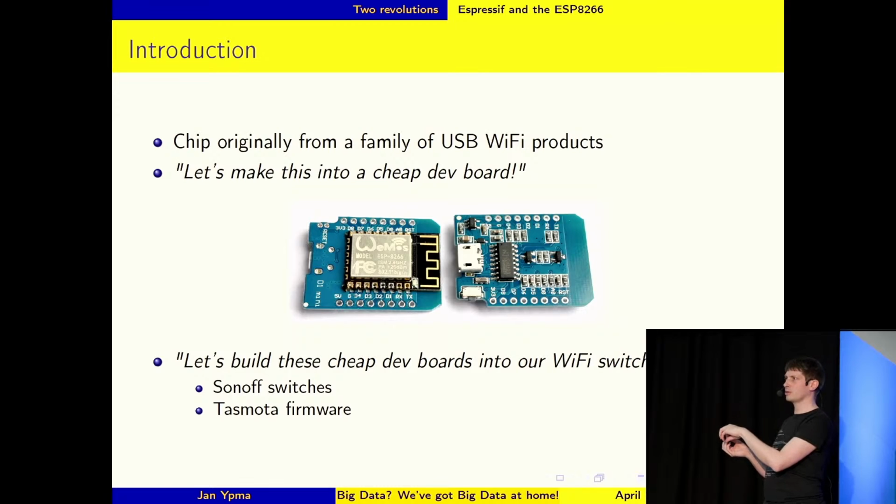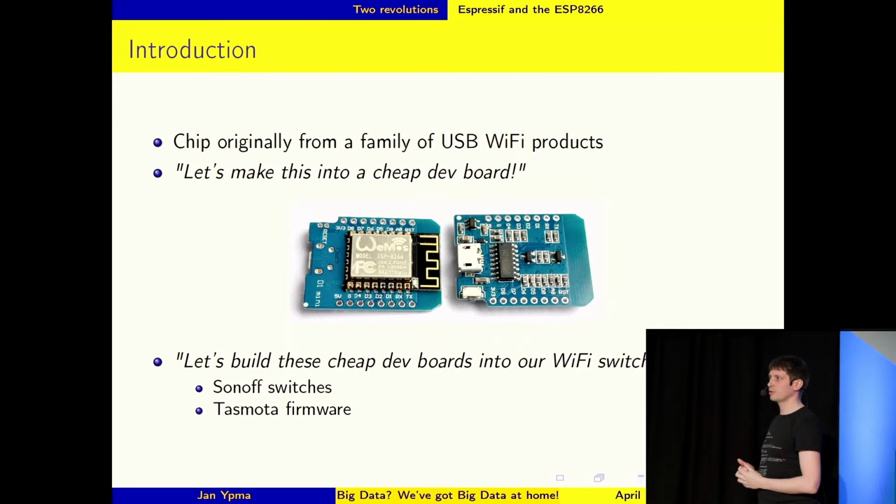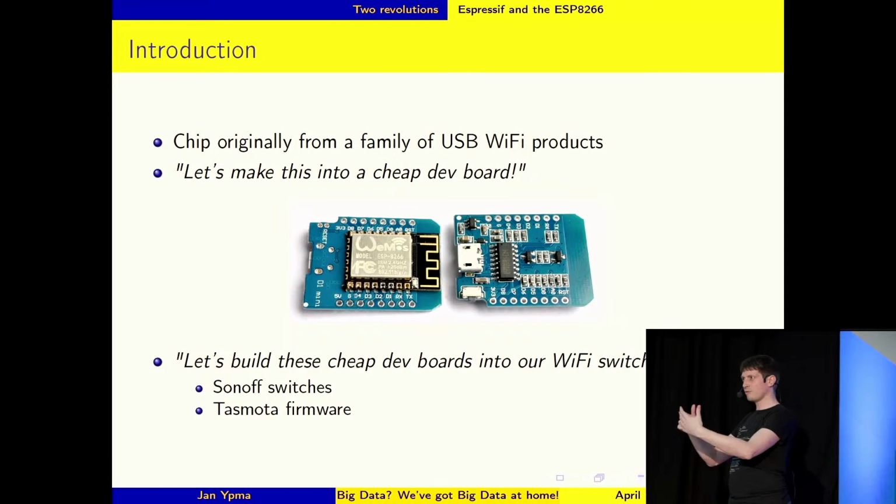They're like $1 or even less these days for the actual chip. The company originally made these chips for USB Wi-Fi adapters that were very popular, when laptops didn't have it that much. But somebody in that company had the brilliant idea, okay, let's make this into a dev board, because then we can push Wi-Fi as an IoT thing a lot further.